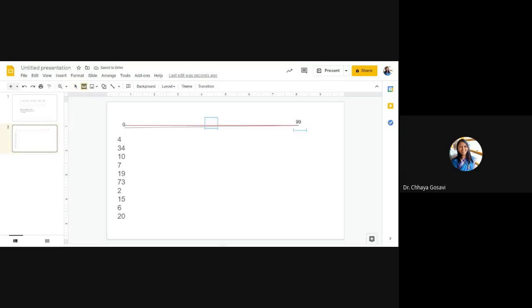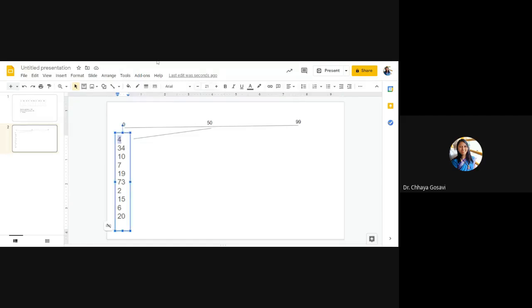And current head position is at 50. So head will travel from 50 to 4. It is the FCFS algorithm, so it will follow the request queue.